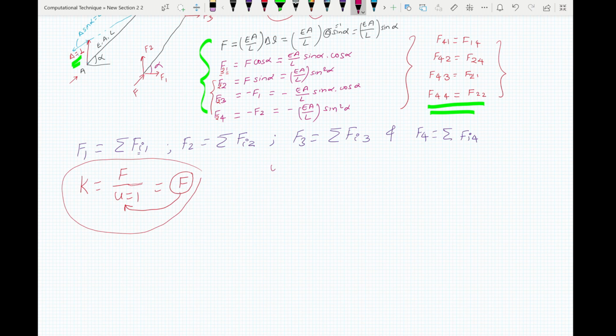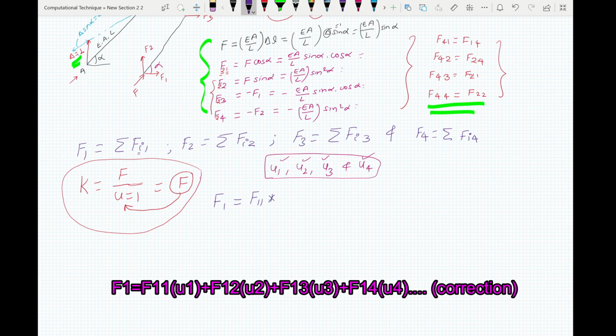In general, we'll apply displacements of u1, u2, u3 and u4 in the degrees of freedom. So we have to multiply each value with the corresponding displacement and obtain the total force. For example, F1 will be equal to F11 times u1 plus F21 times u2 plus F31 times u3 plus F41 times u4.